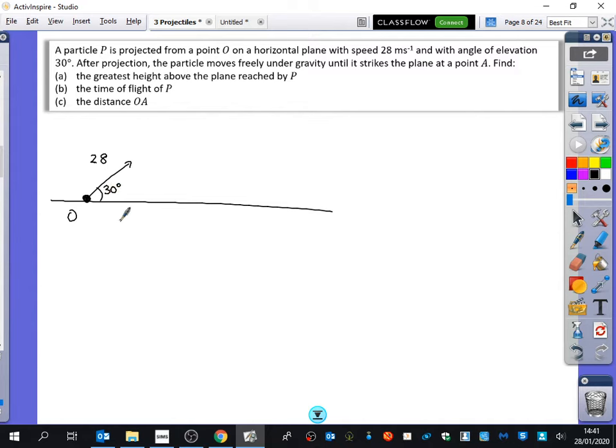I insist you draw diagrams for this because the questions that we get to in the future become quite sophisticated.